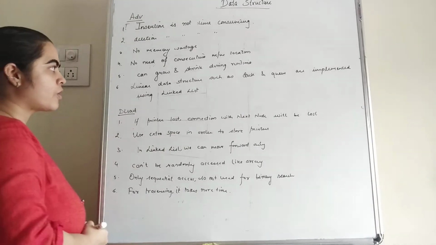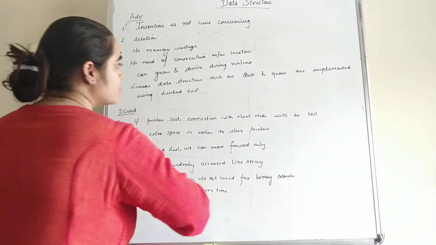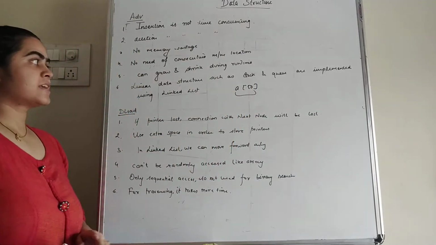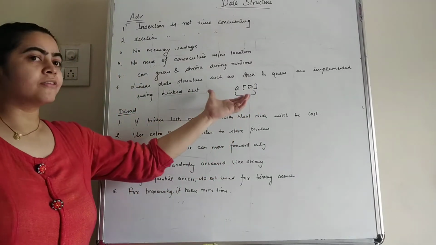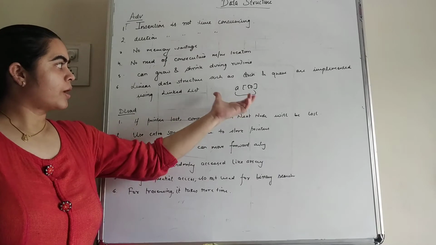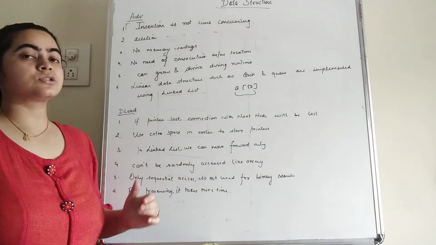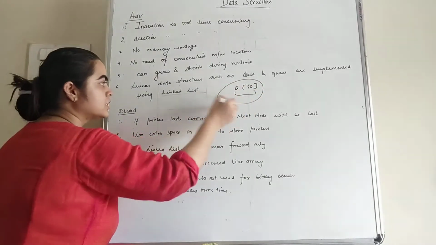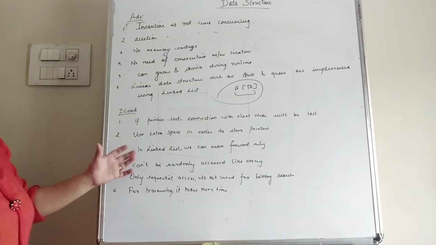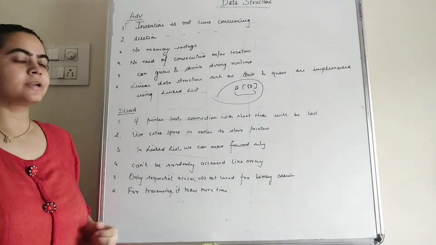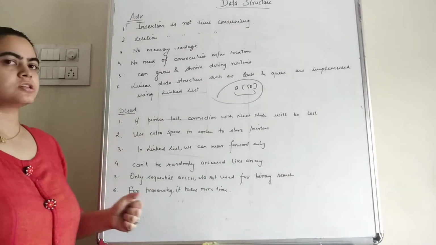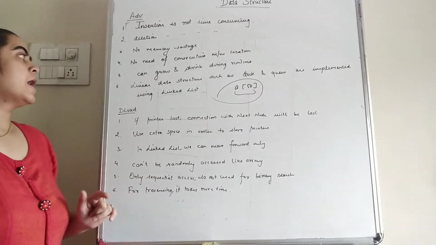Likewise in array, if we want to store the elements with size 50, then the operating system has to allocate 50 consecutive memory locations in order to save this array. That is not a problem in case of the linked list because we do not require the consecutive memory locations in order to store the 50 elements.